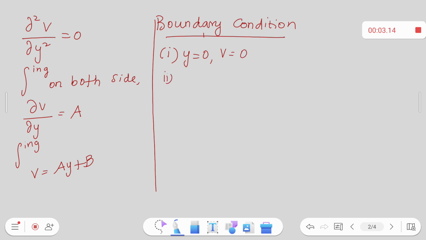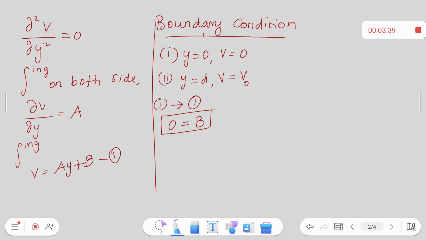Second, y is equal to d, because that is the distance between your two plates, and my voltage will be V0. Now we apply the boundary conditions in equation 1. If I apply my first boundary condition in equation 1, my equation becomes B is equal to 0.